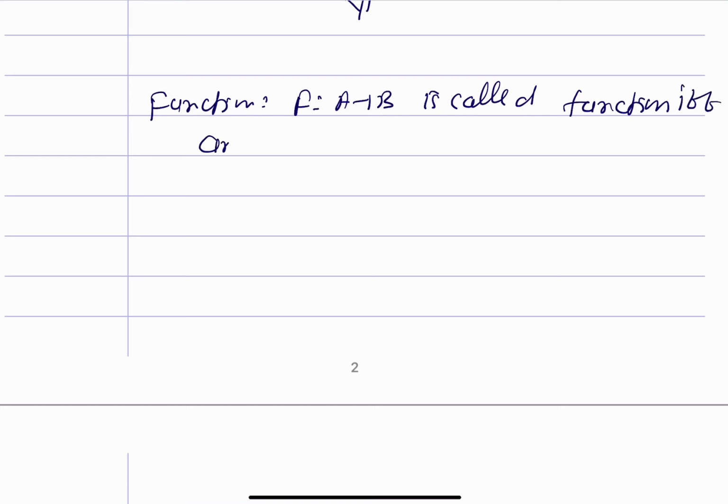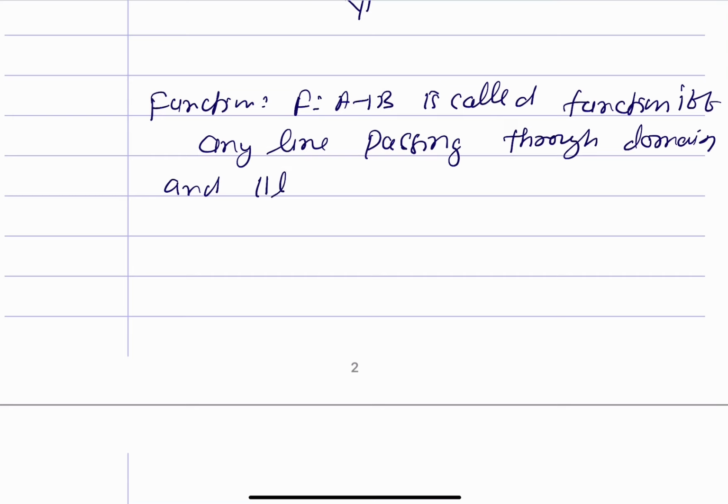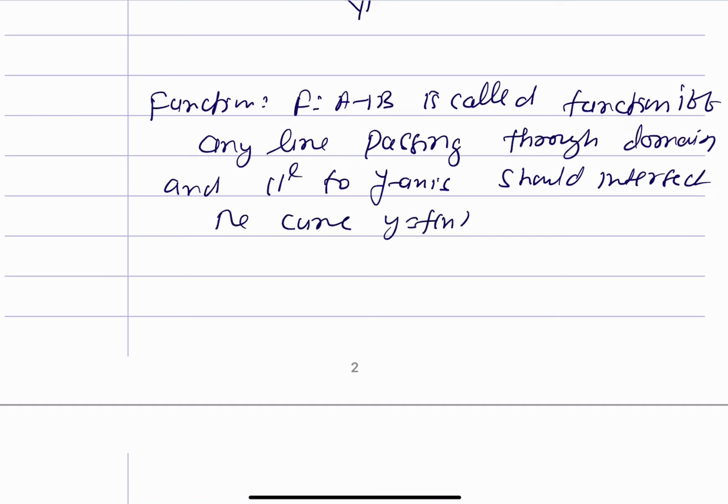Now we can define a function. A mapping f from A to B is called a function if and only if any line passing through the domain and parallel to the y axis should intersect the curve y equal to f(x) exactly once.